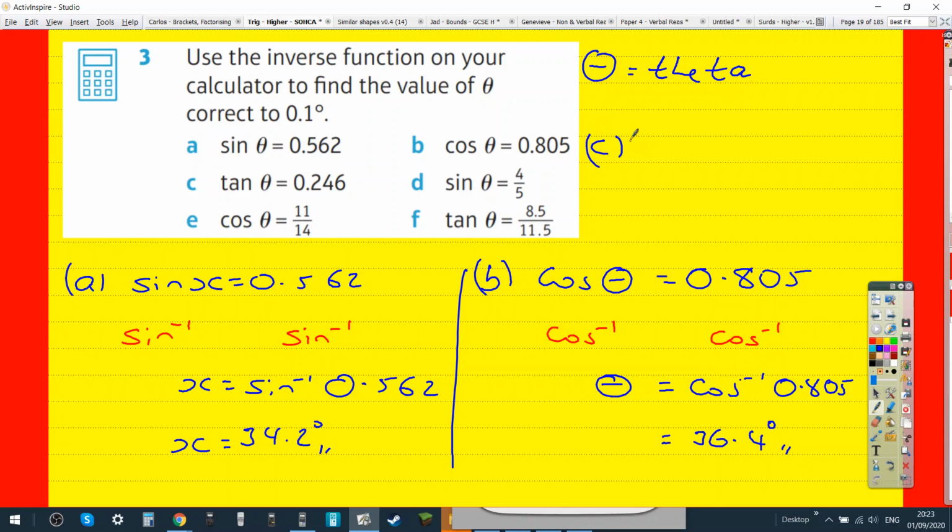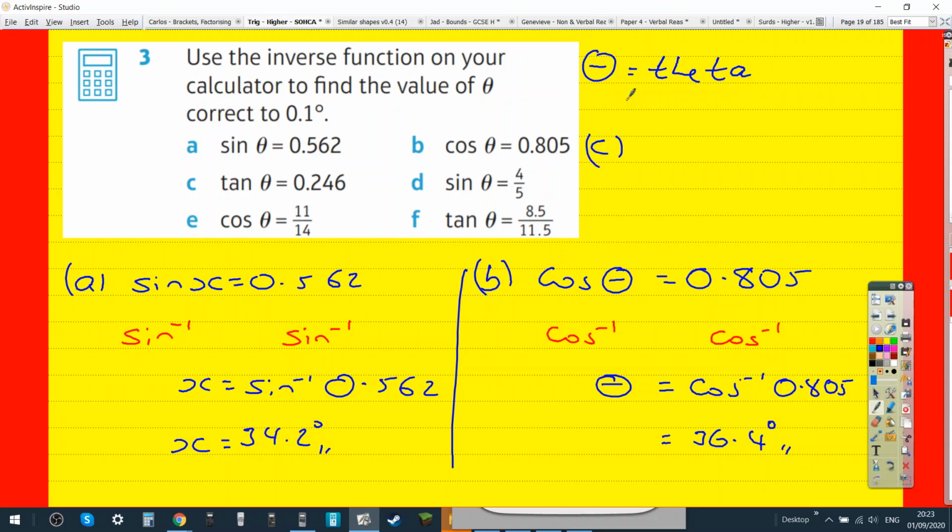So you need to get rid of the tan. Is there an opposite of tan? Yeah.